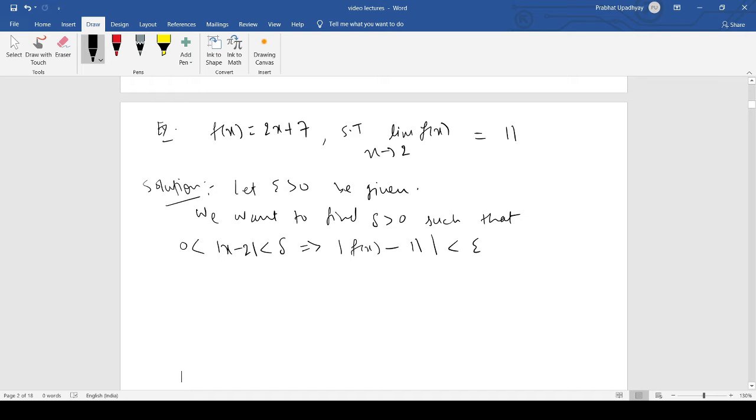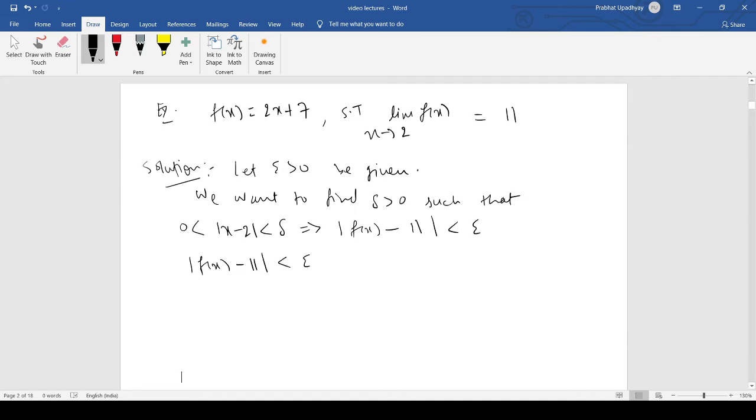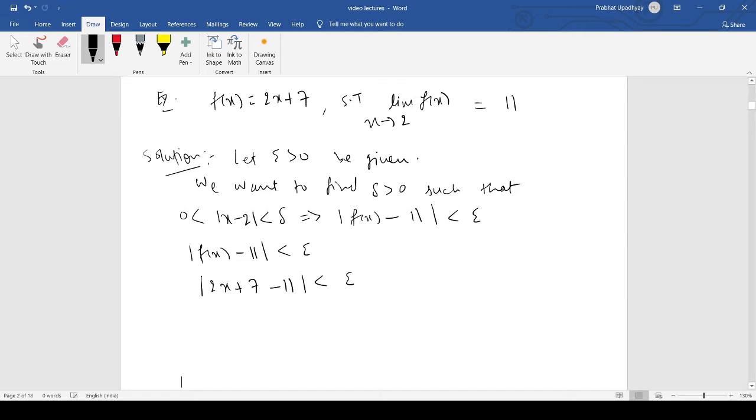Again, let's analyze this term, mod f of x minus 11. We want this to be less than epsilon, which means we want to choose our delta such that mod x minus 2 less than delta should imply mod f of x minus 11 is less than epsilon. Now f of x is 2x plus 7, so 2x plus 7 minus 11 will be less than epsilon.